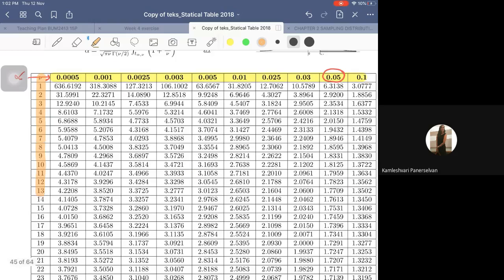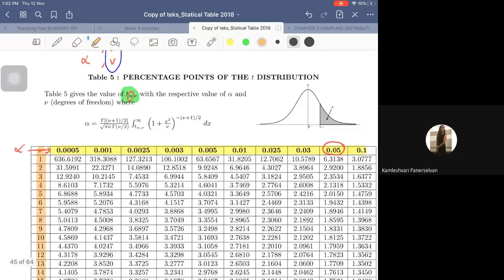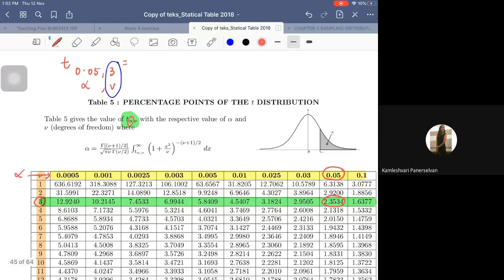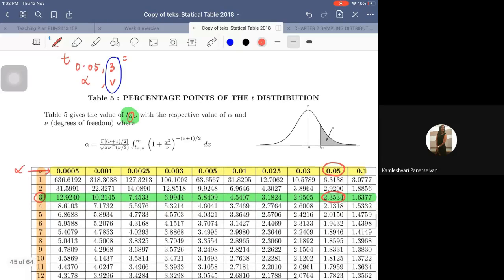So I have to find where my nu equal 3 is, and it is right here. All you have to do is find the intersection between them both, which in this case is right here. So when I wanted to find T 0.05 with 3, the value is going to equal 2.3534. Remember you have to look first at the top and then second at the side.